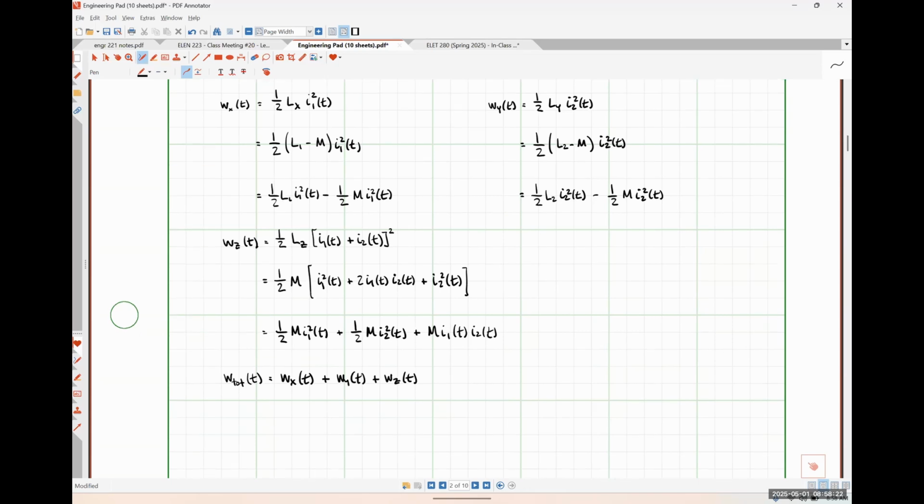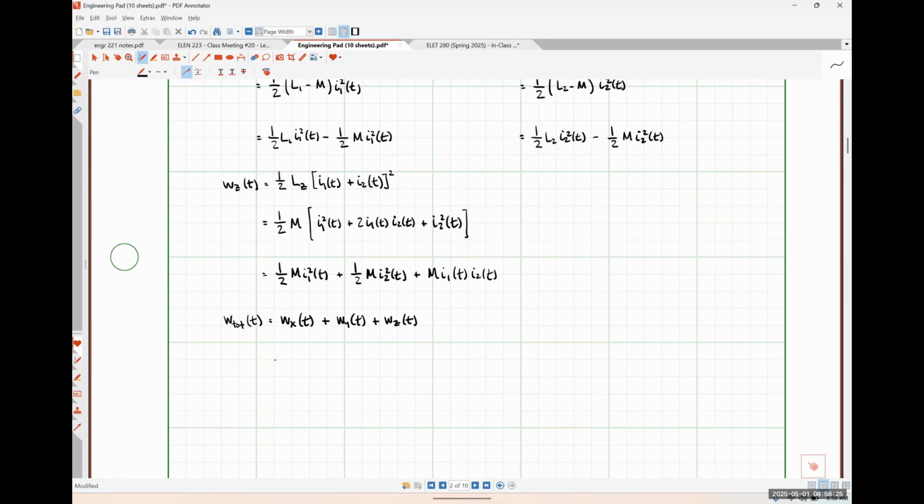So those guys are going to cancel out, and all that's going to survive is 1/2 L1 I1 squared plus 1/2 L2 I2 squared plus M times I1 times I2.